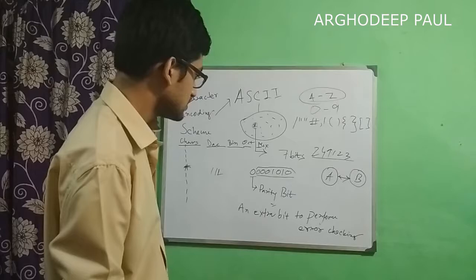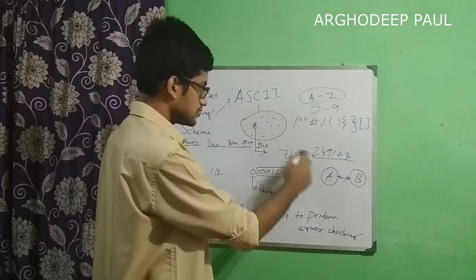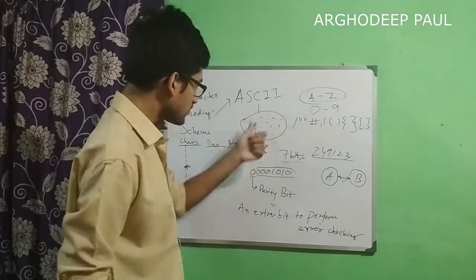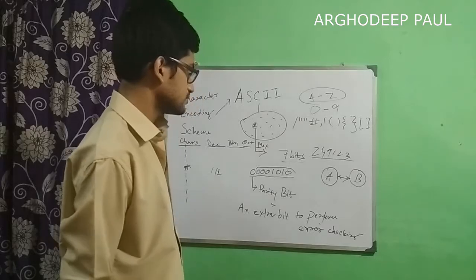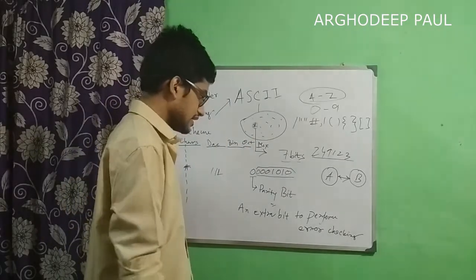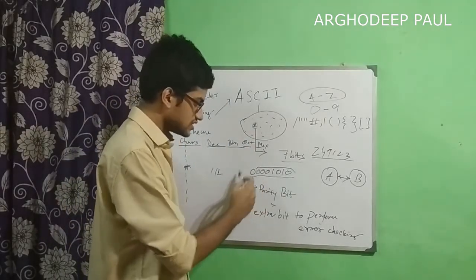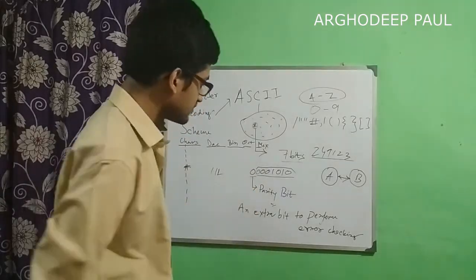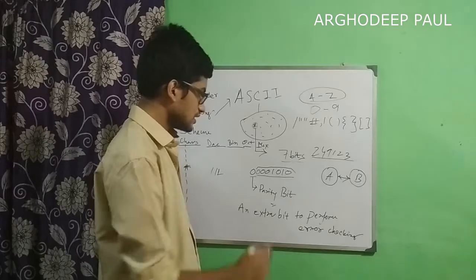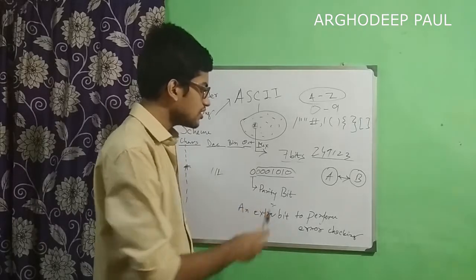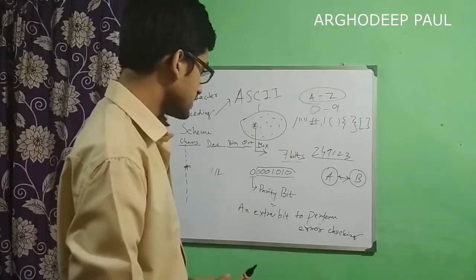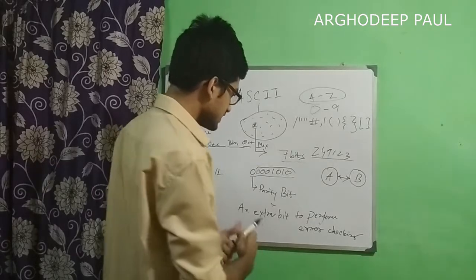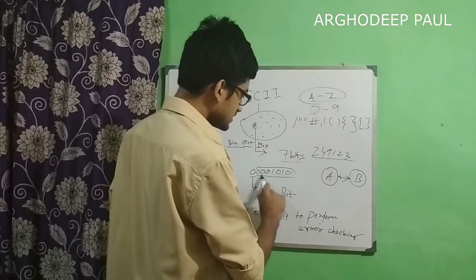ASCII will use 7 bits to express any of its characters, and will add one more bit. It will not be 1, it will only be 0 at the leftmost side, and this will be called the parity bit. This parity bit is required when I am sending this series of binary digits or bits.